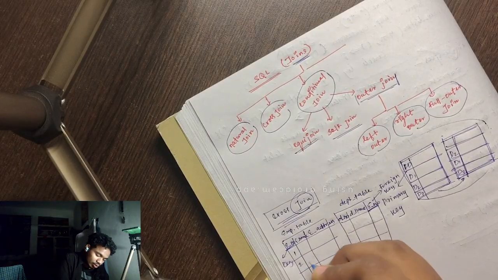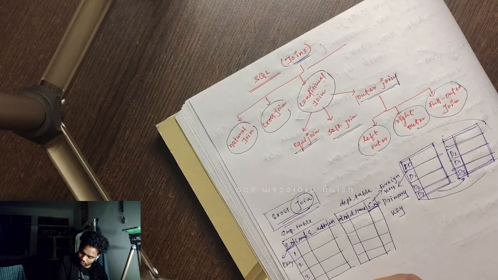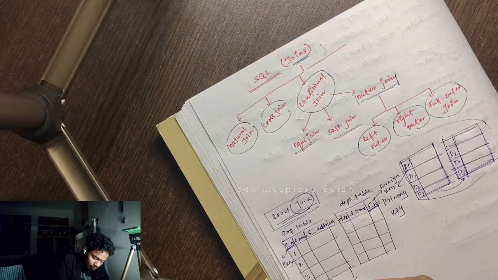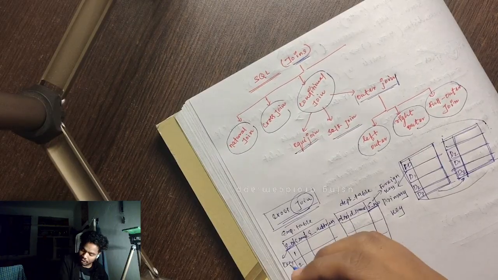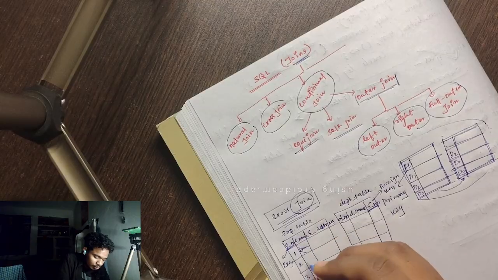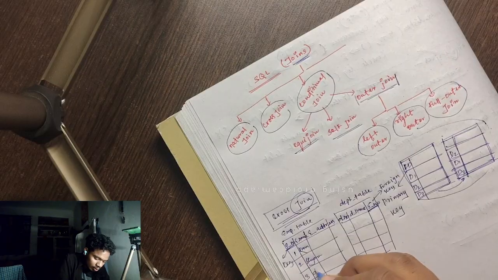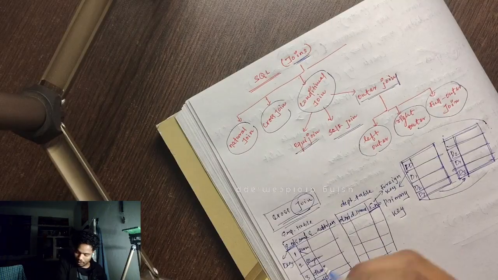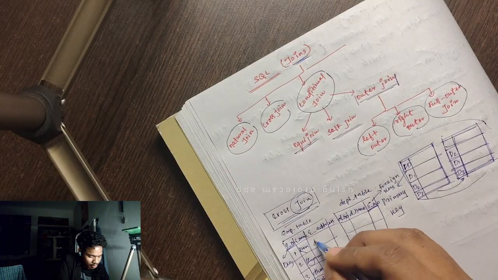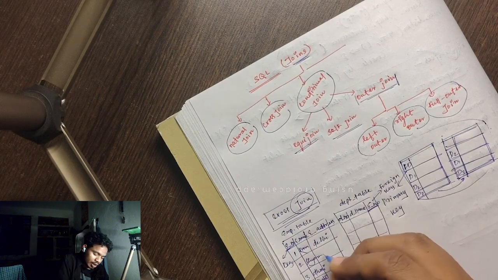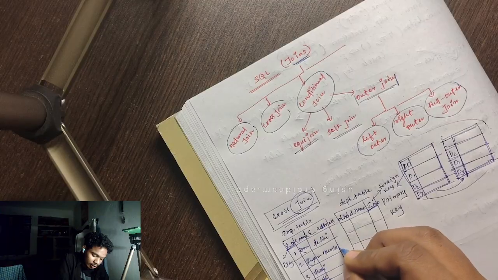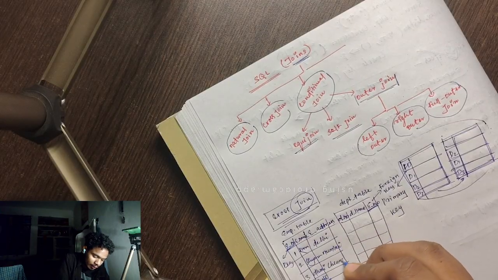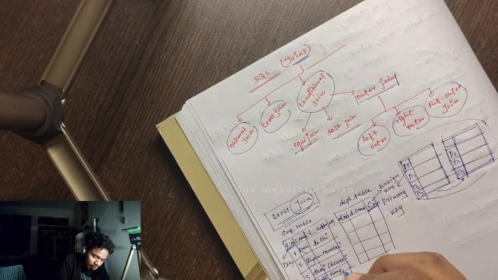Let's take five rows: 1, 2, 3, 4, 5. Let's take the names Ram, Syam, Dhoni, Kohli, and Dev. Their addresses: Ram in Delhi, Syam in Mumbai, Dhoni in Chennai, Kohli in Bangalore, and Dev in Sonpur.